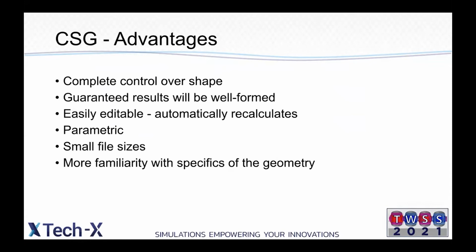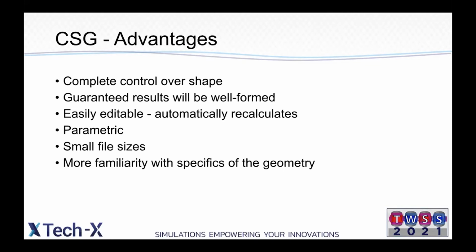They're easily editable and they automatically update. Obviously, you can make them parametric. The CSG files are integrated into our project files. It's not a separate file. So there are no large geometries to worry about, and there's less file maintenance.